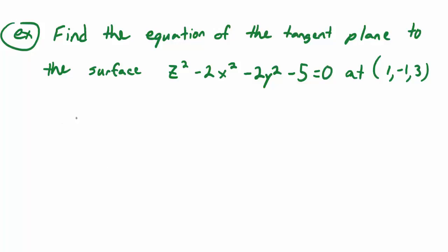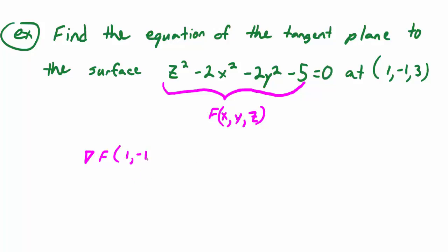If you think of the left-hand side here as a function with three input variables, from that last note, we know that del f at 1, negative 1, 3 is going to be perpendicular to the surface.